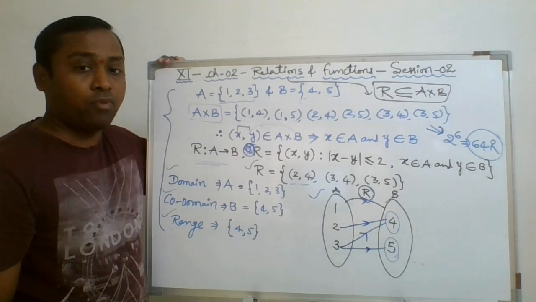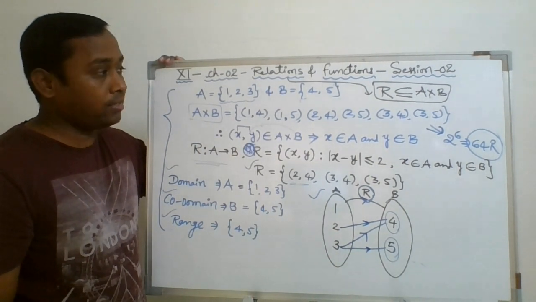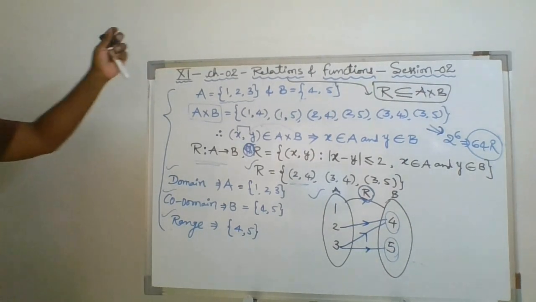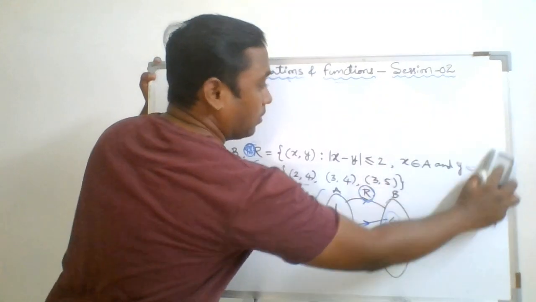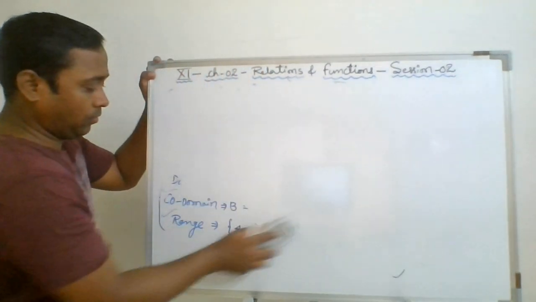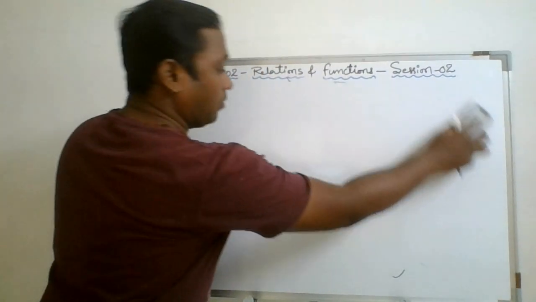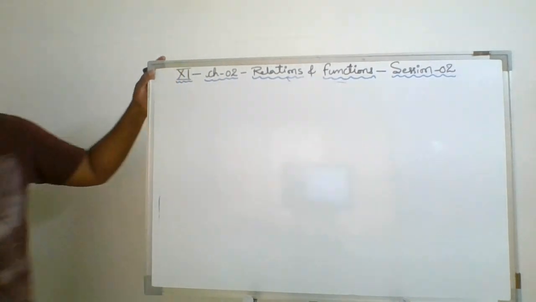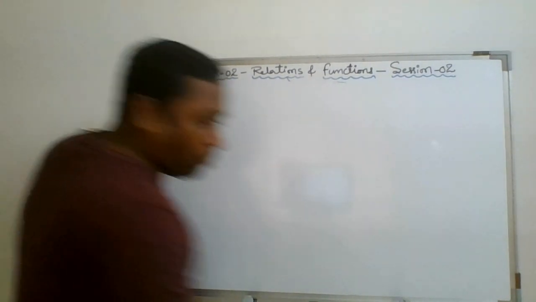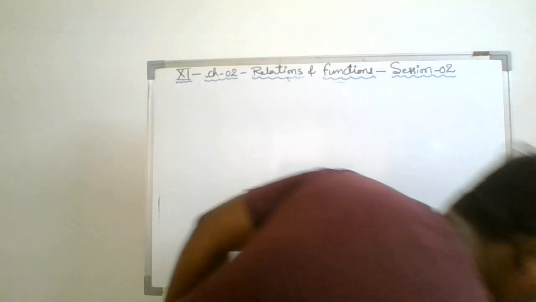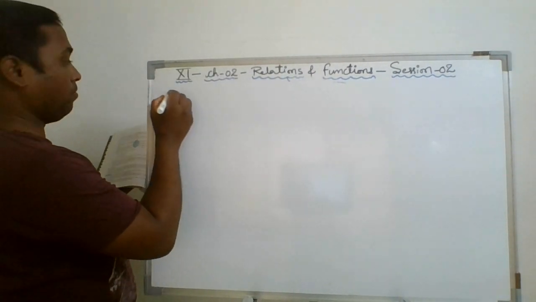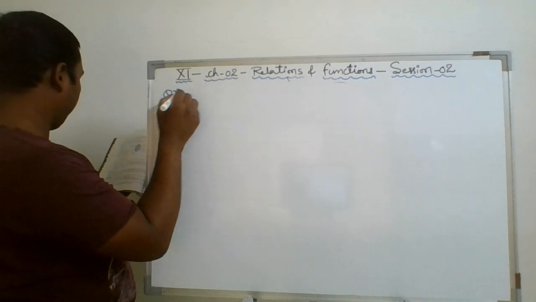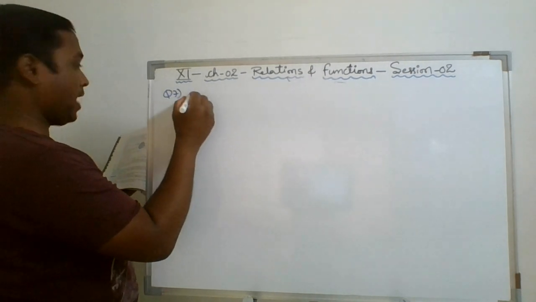Now I am taking one more question to understand the same concept. I am taking it from the textbook itself. See, question number 7 I am taking. Simple to understand. Write a relation.